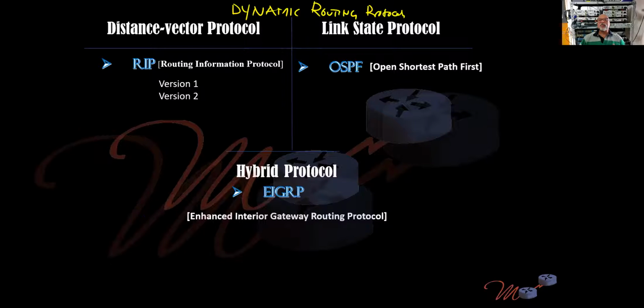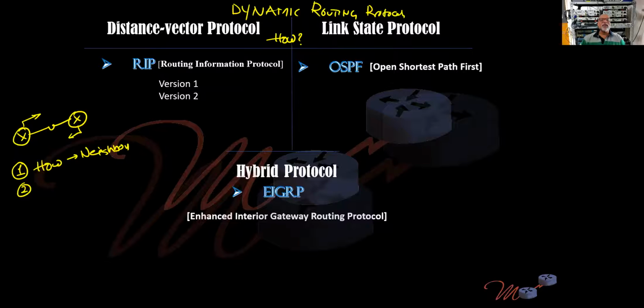So they divided it into dynamic routing protocols. Now, based on how they work. What does this routing protocol say? Yesterday you configured static route with 2 routers. You go like this, you go like this. But in dynamic routing, you can have any number of routers. How do they work? How they find out about their neighbors, how they maintain a relationship with them.